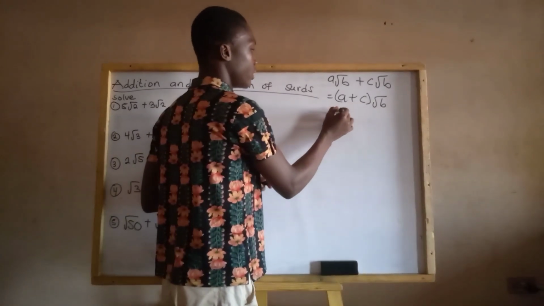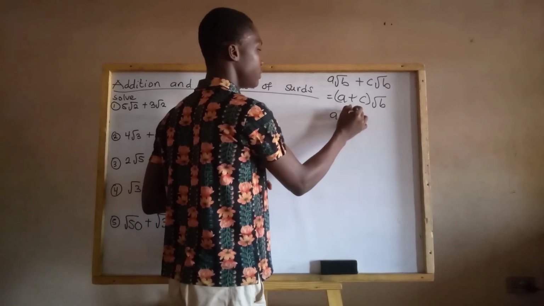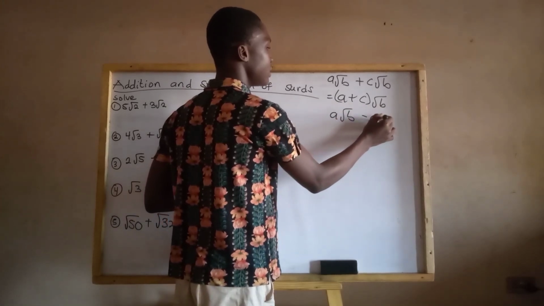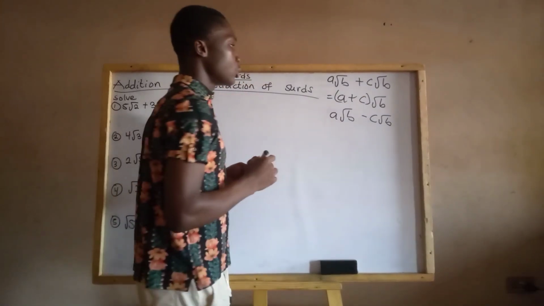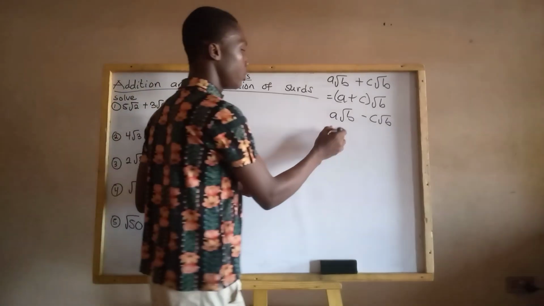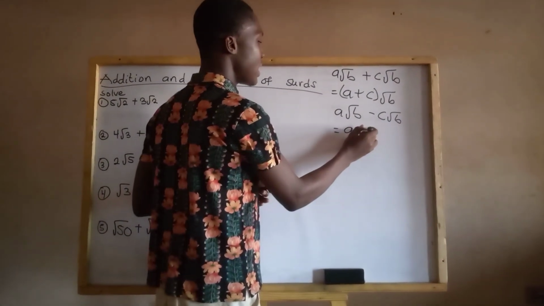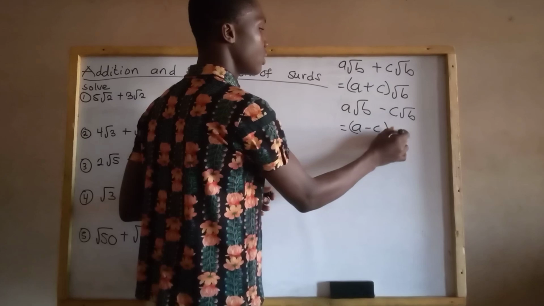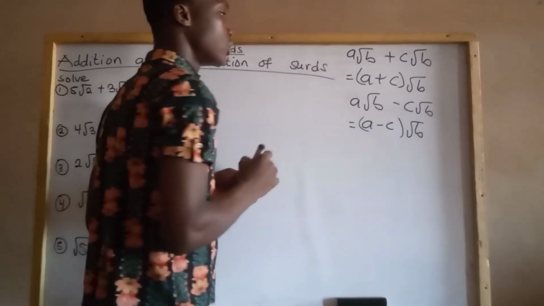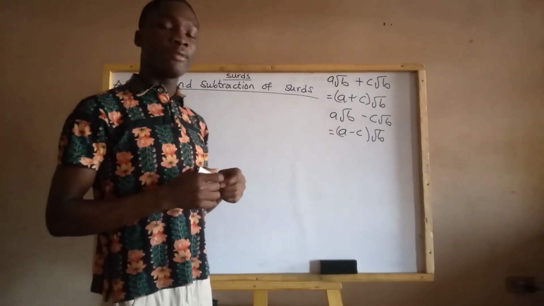Similarly, you have a root b minus c root b. So subtraction, we get a minus c root b. So we can only add surds of the same roots.